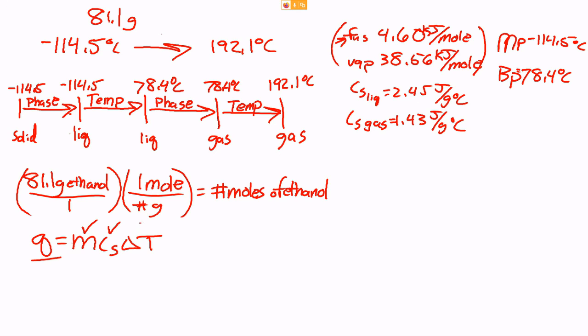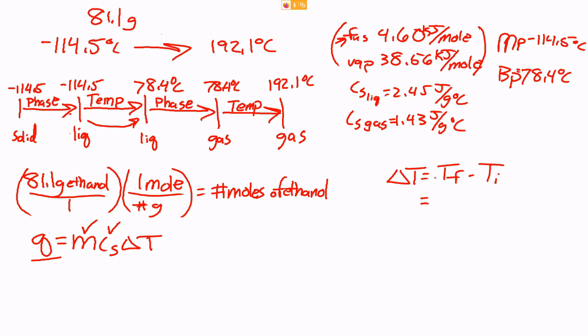We're not just straight up given it. But we know, for example, for this section here, when we're heating it up, increasing the temperature, we go from negative 114.5 up to 78.4. And so to find delta T, you are always doing final minus initial.